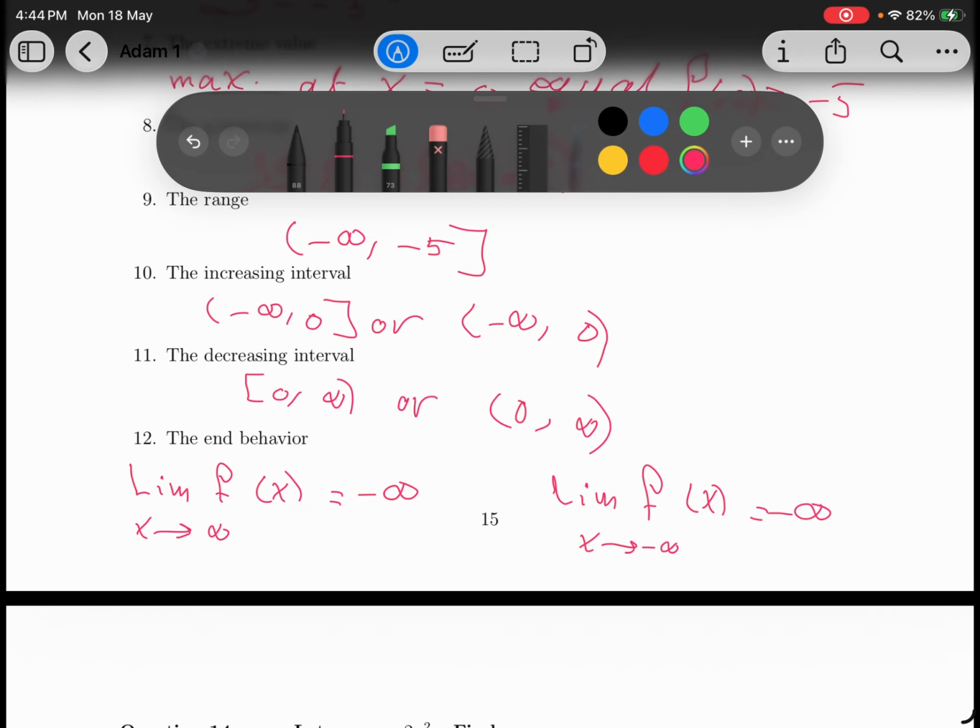So whether x goes very, very big or very, very small, in both cases the values of this function will dive to very, very small values, to minus infinity.